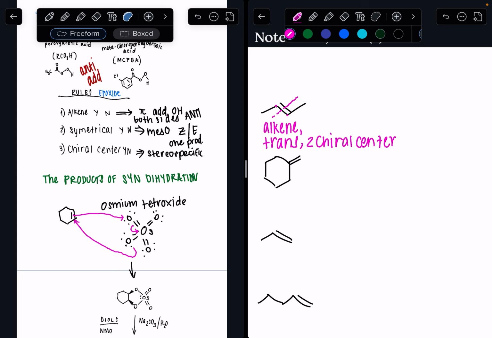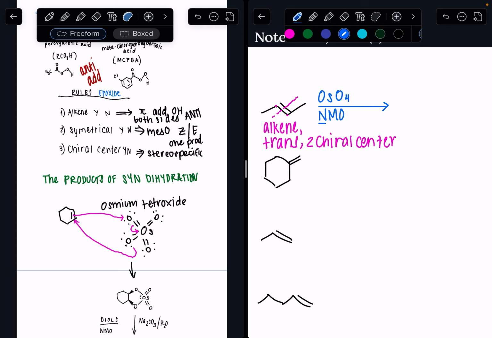Now here we're focusing on basic conditions, so I'll use blue to signify that. Okay, so in the first one, we're going to use our catalyst and our co-oxidant NMO.